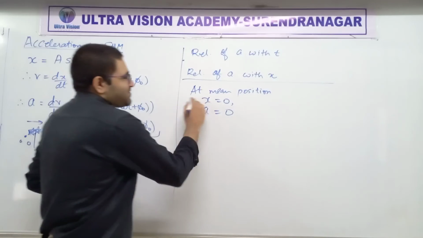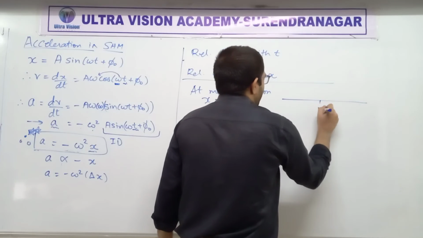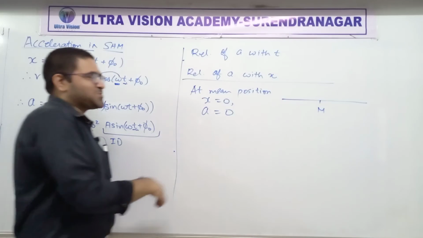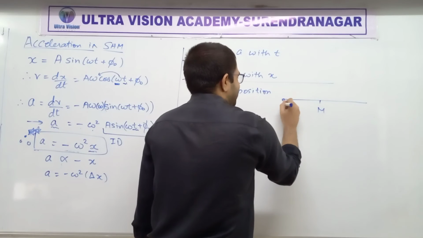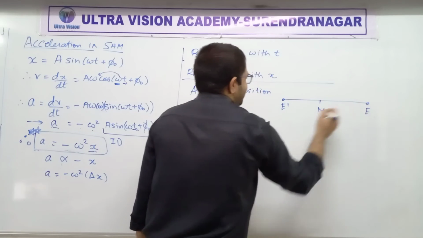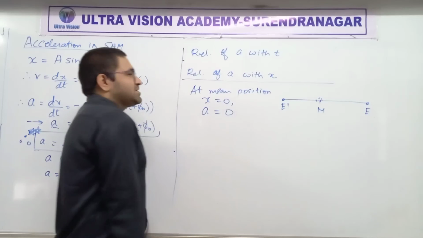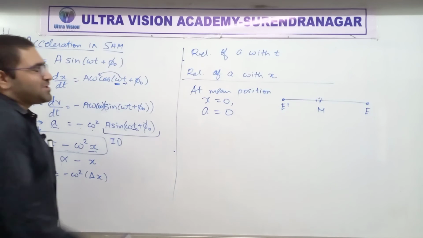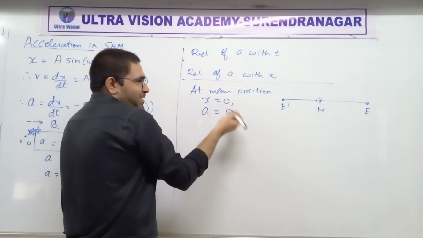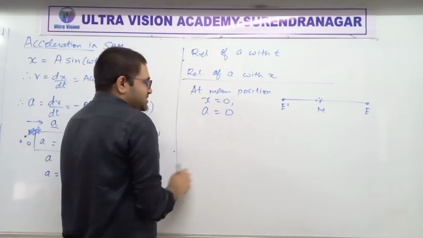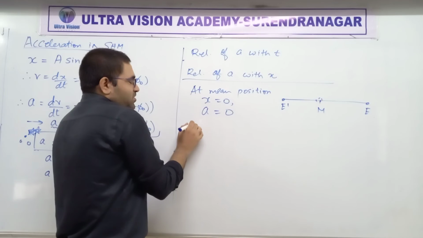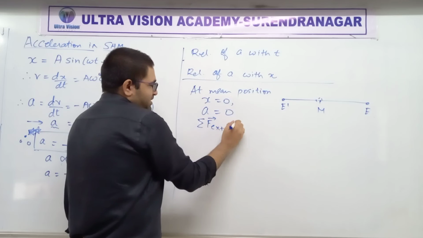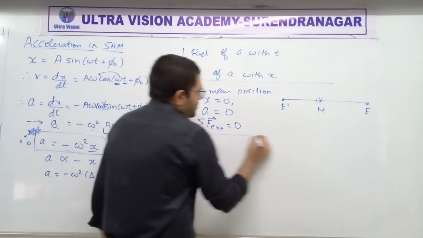At mean position, if you put x is 0, obviously 0 into anything is 0. Come on, I should not have to say this. So here obviously the acceleration is 0. So this is the minimum acceleration, you can say, or no acceleration. And this would of course also mean that the total external force is also 0. This we have already talked about, right?